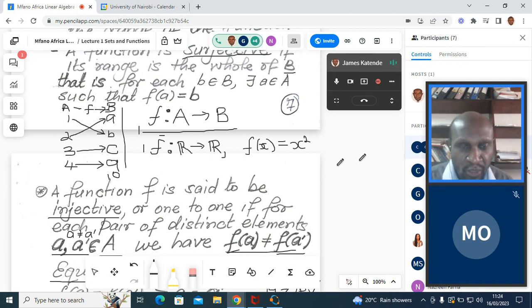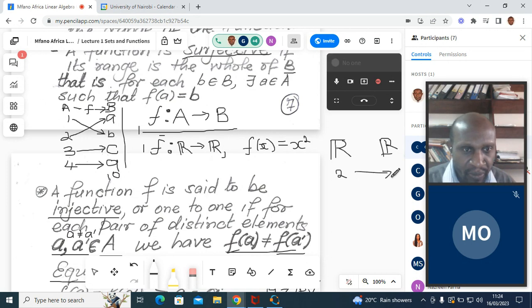It is not, and let's write it out the way we wrote out the other one. The domain and the codomain are the same set. Under this function, a number like 2 will be sent to 4, because any number you give this function, it will square it. The other one we can look at is -2. -2 will also be sent to 4, because if you square -2, you will get 4.